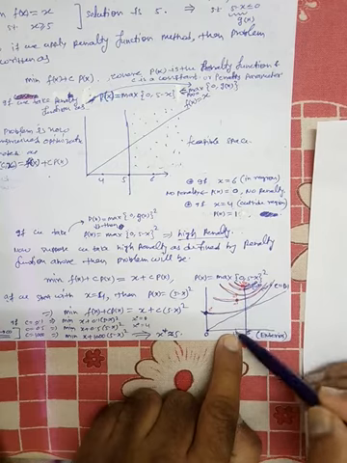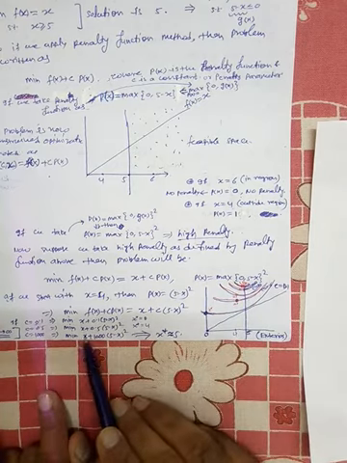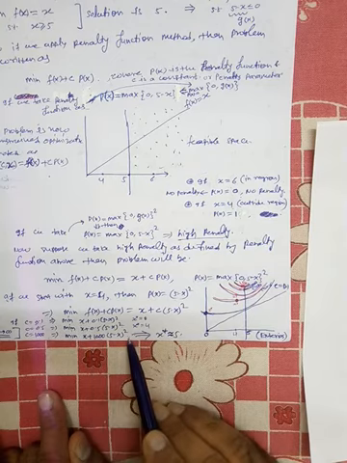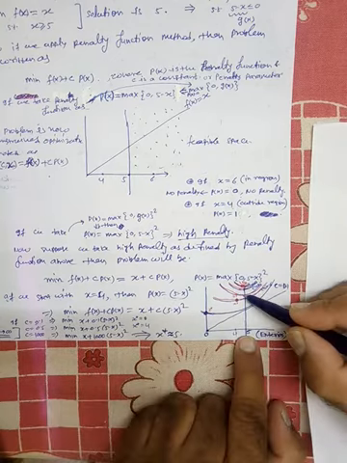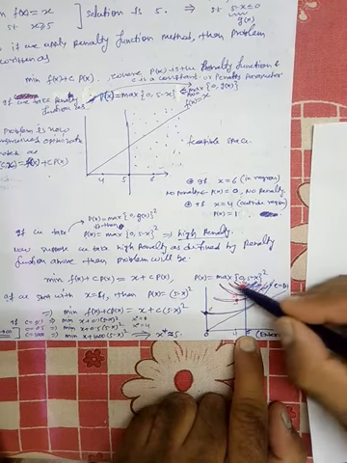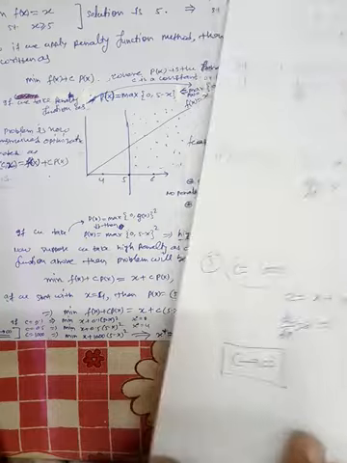Now in the third, when c is 1000, the problem is x plus 1000 times (5 minus x) whole square. x star is nearby 5. So this will be the curve.